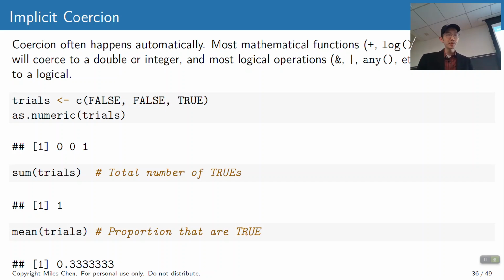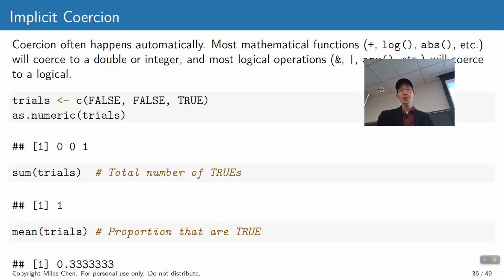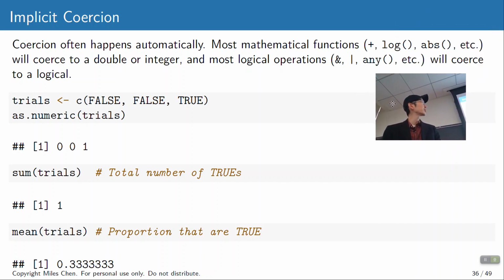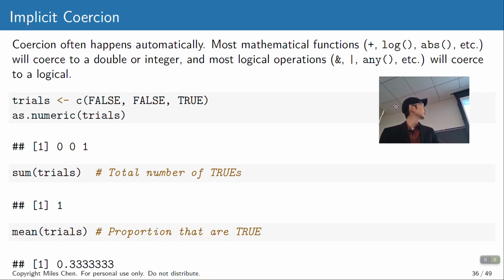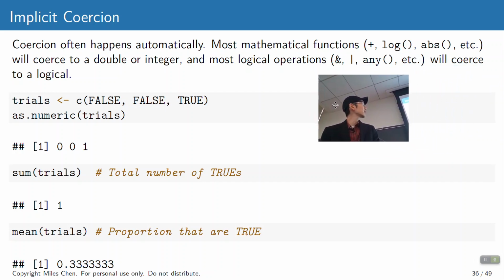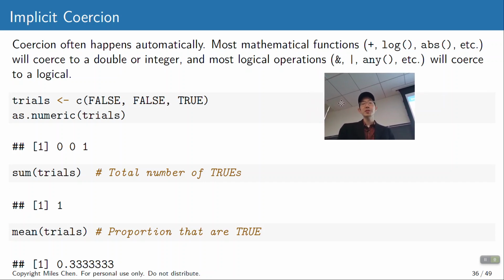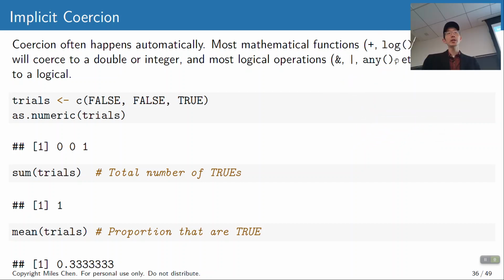Coercion happens implicitly when you call any kind of function. So basically any kind of mathematical function, like a plus sign, multiplication, log, absolute value, etc., will convert things to double or integer. And then for logical operations, anytime you use an and, an or, an any, or whatever, it will coerce to logical.